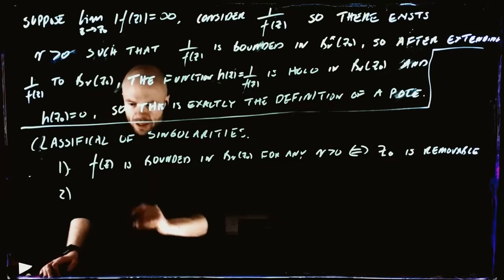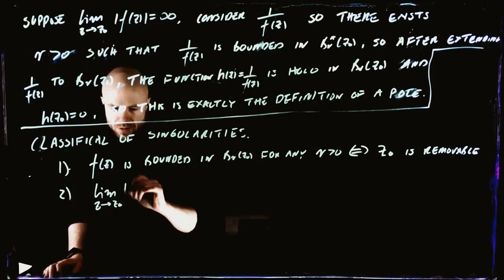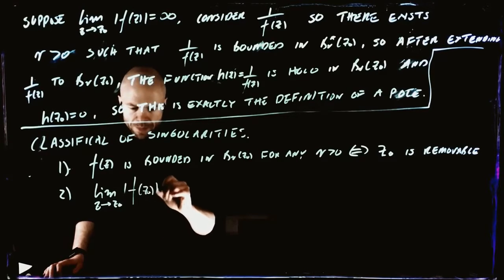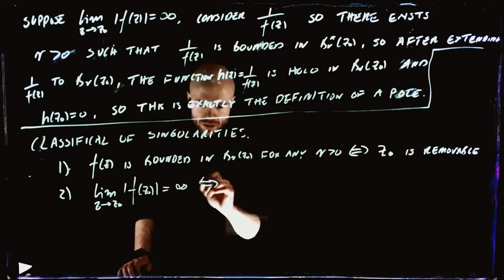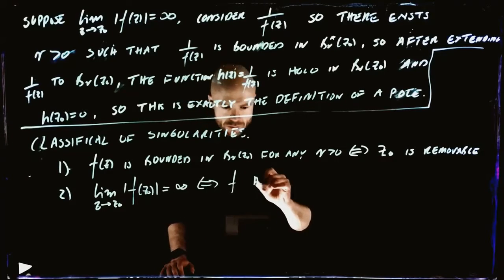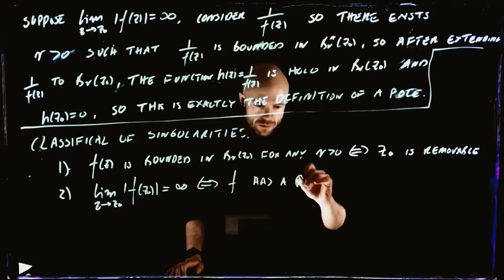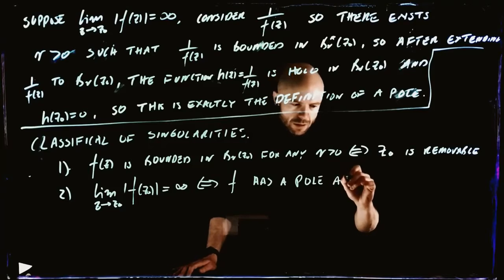The second kind is that if the limit as z goes to z0 of the absolute value of f of z equals infinity, this is equivalent to f has a pole at z0.